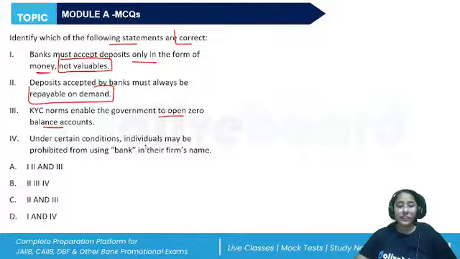Four: Under certain conditions, individuals may be prohibited from using bank in their firm's name. Which of the following statements are correct? 1, 2, and 3; 2, 3, and 4; 2 and 3; or 1 and 4? Those who have joined on the YouTube platform, you also try to answer the questions.